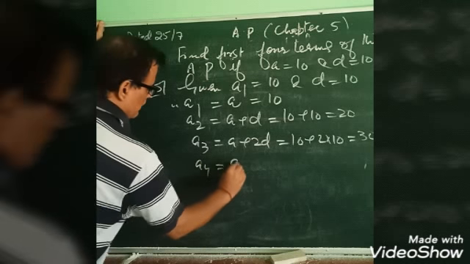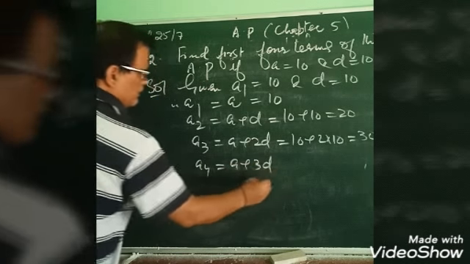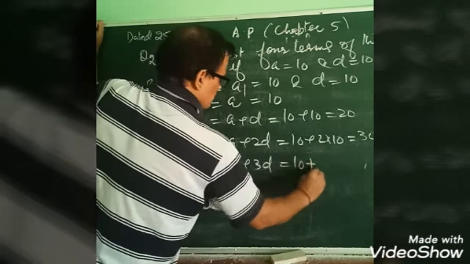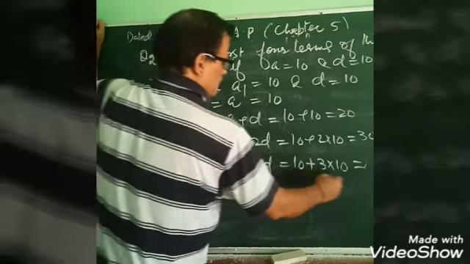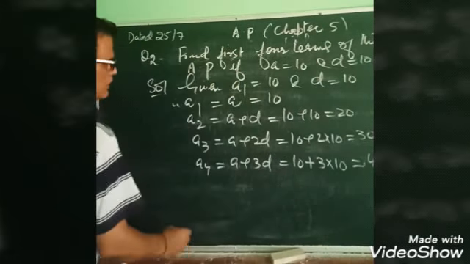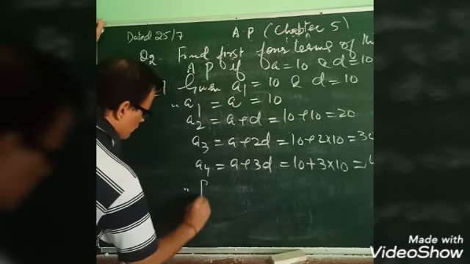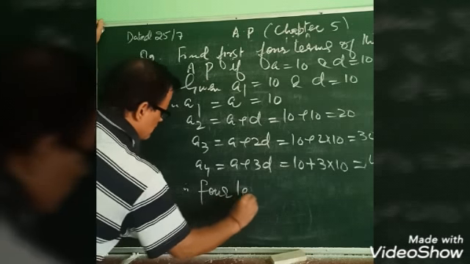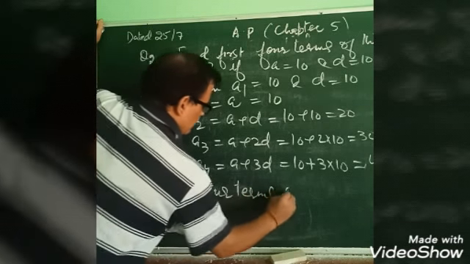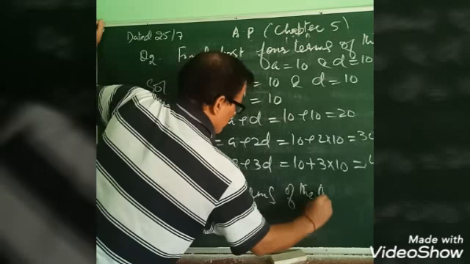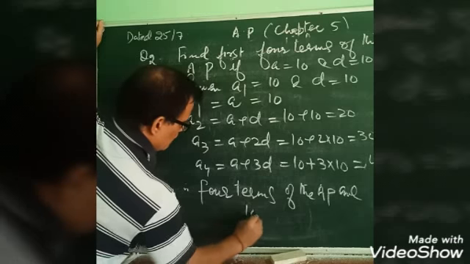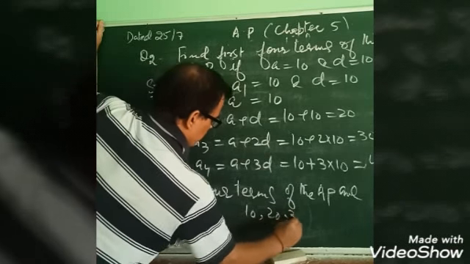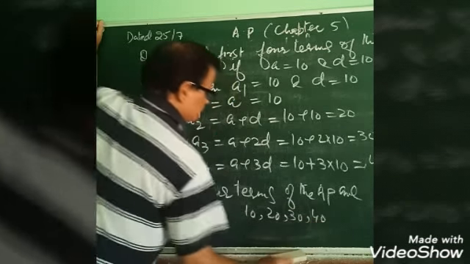A4 is equal to A plus 3D, that is equal to 10 plus 3 into 10, that is 10 3s are 30 and 10 is 40. Therefore the 4 terms of the AP are 10, 20, 30, 40.